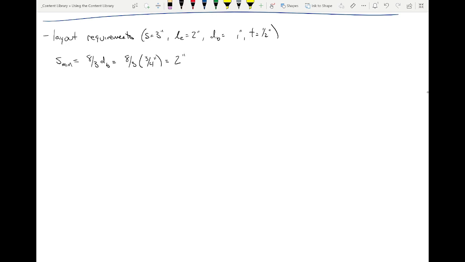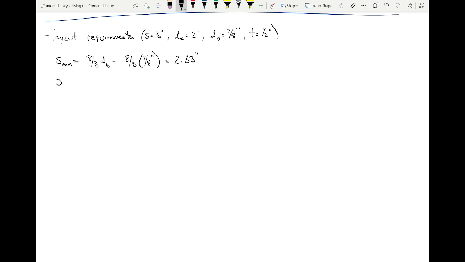Oh, 7/8. See, I couldn't remember. All right, so I might actually need your help on this. So 7/3 is 2.33 or 2.67. Yeah. I've never been accused of being able to do math.